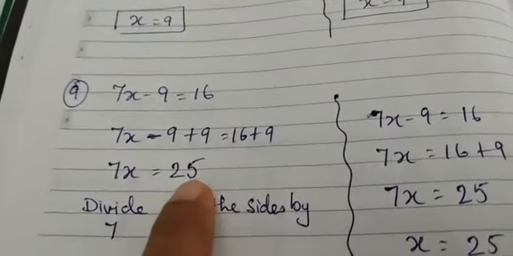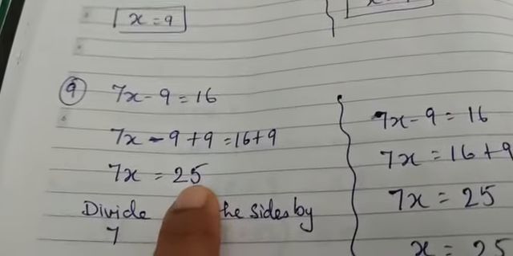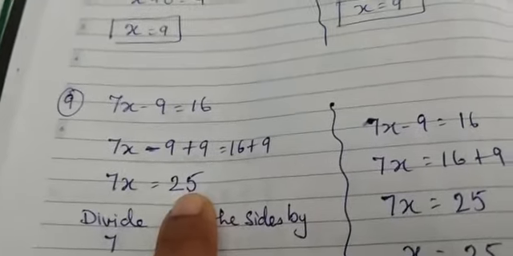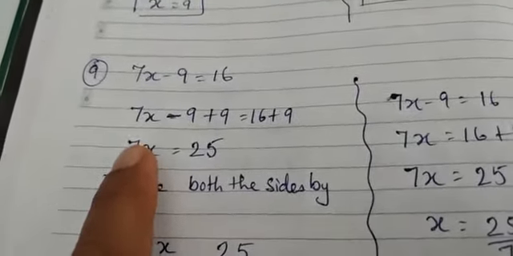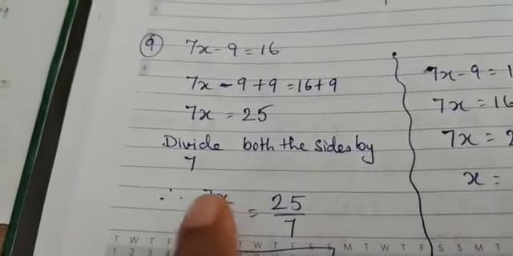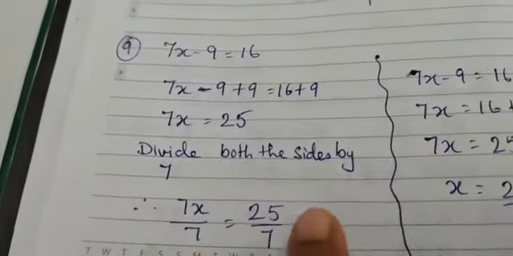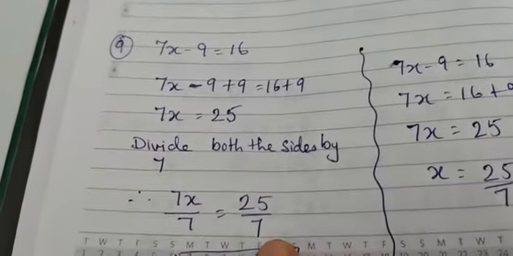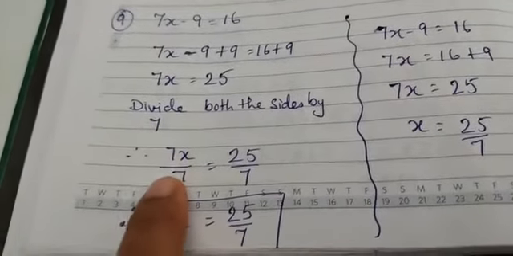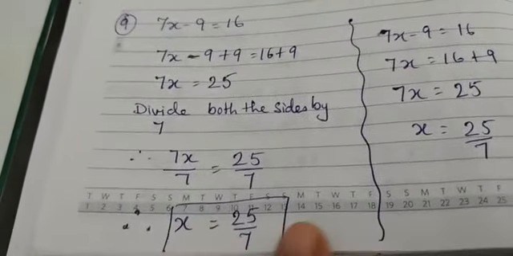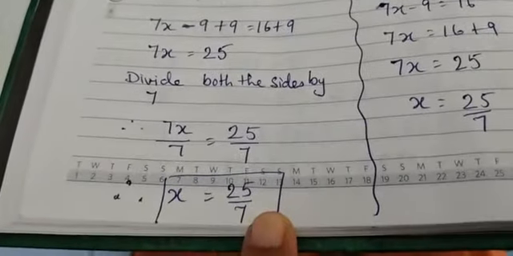Obviously to balance it we also have to divide 25 by 7. Then only it can be balanced. We have not added or removed anything, so here it is 7x divided by 7. Same here, 25 divided by 7. And finally what do you get as the answer? Here 7 gets removed. So x is equal to 25 by 7.